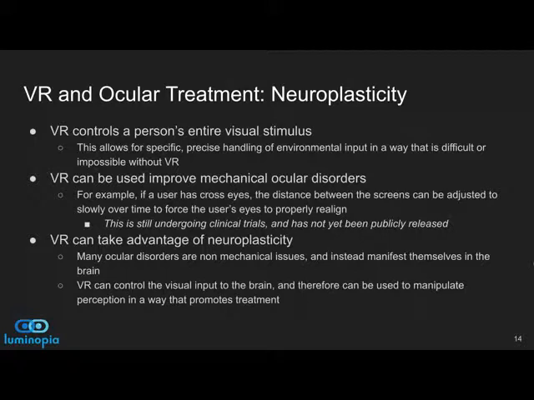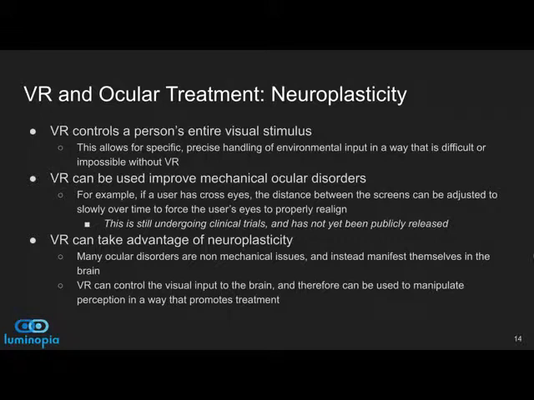And because you control their visual stimulus, you basically control all of their environment, because most of our environment is derived from visual stimulus. So with that control, you're able to create stimulus inputs and perception inputs for a user that were difficult, if not impossible, prior to virtual reality.